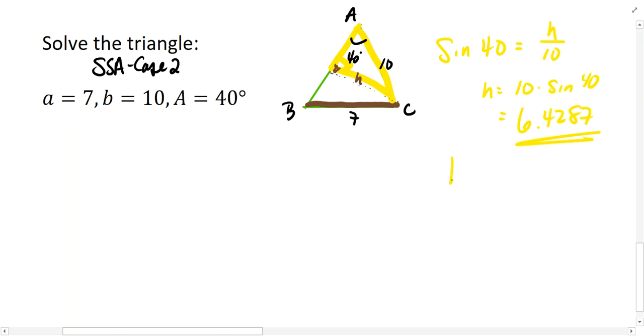And 6.4287 for h is less than side length a. It's also less than side length b. So therefore, there will be two solutions to this triangle.